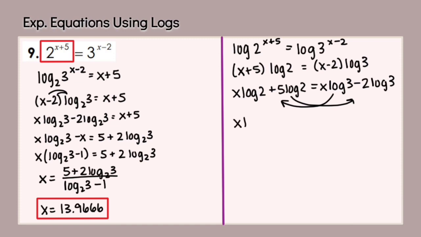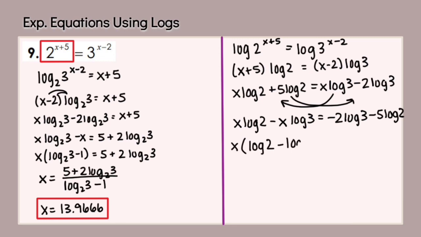So we'll have x log 2 minus x log 3 equals negative 2 log 3 minus 5 log 2. Then we will factor x out and get x times log 2 minus log 3 equals negative 2 log 3 minus 5 log 2.